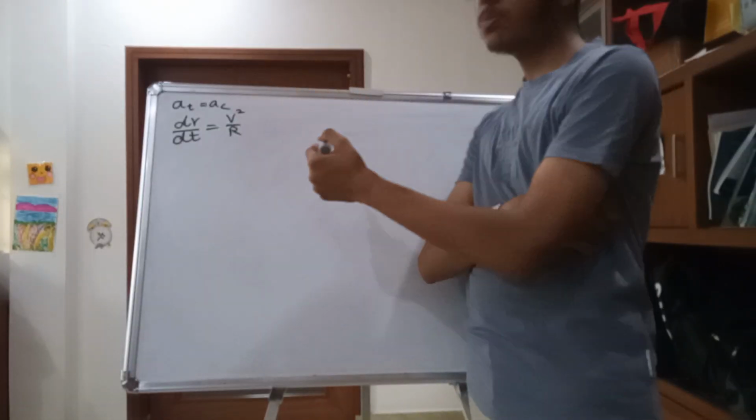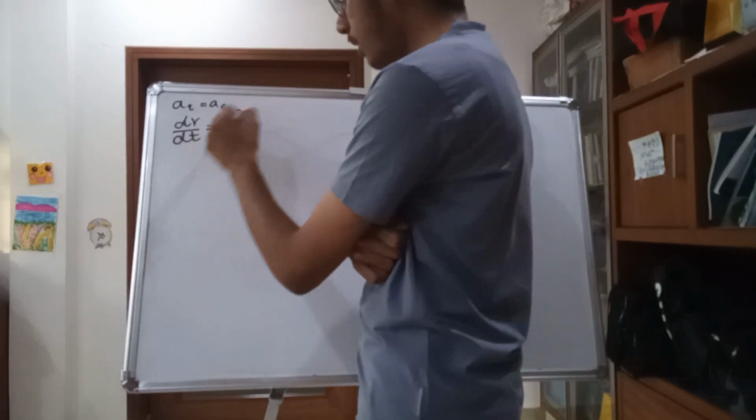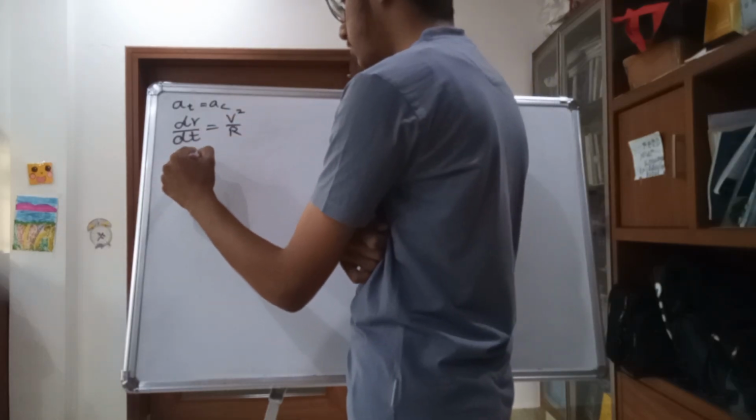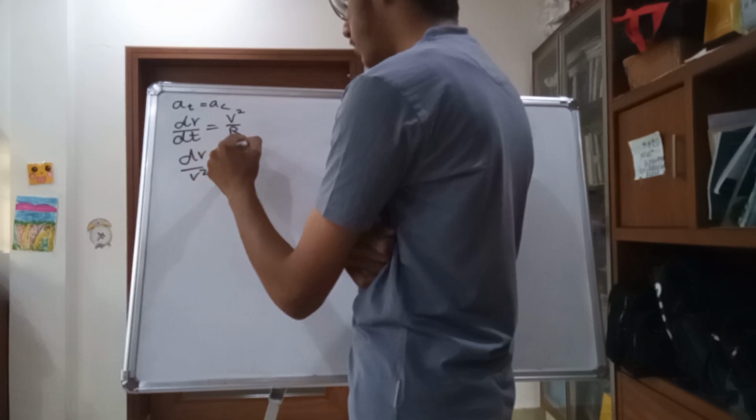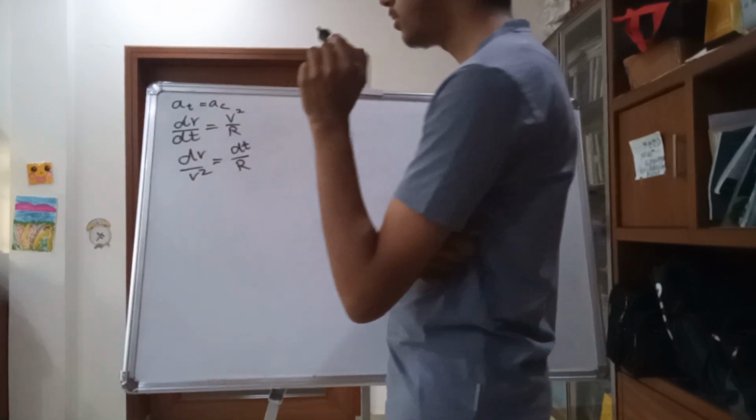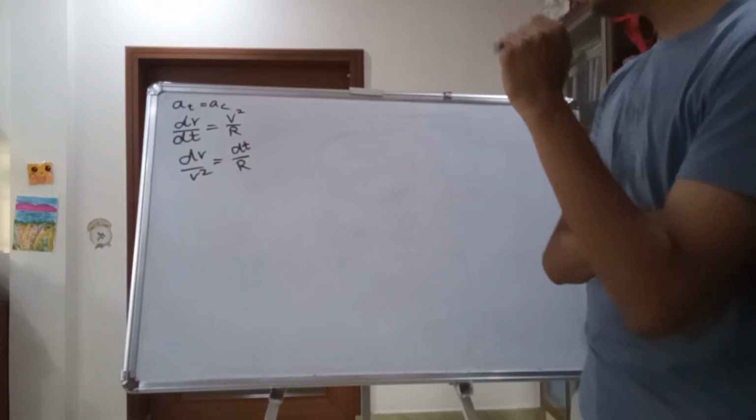It is correct because the assumed situation is like that. Now I am going to transpose this v square that side. So dv by v square equal to dt by r.